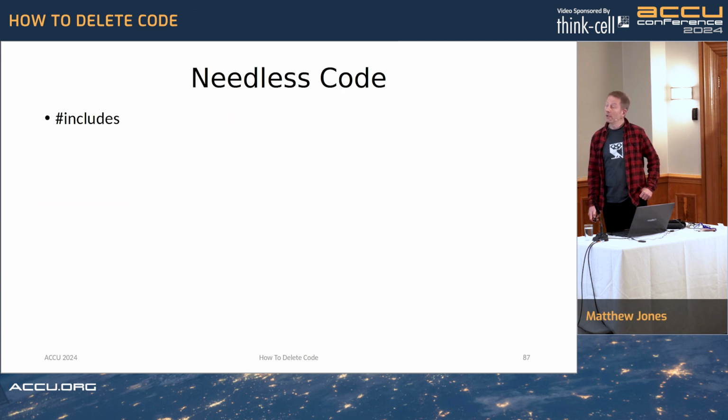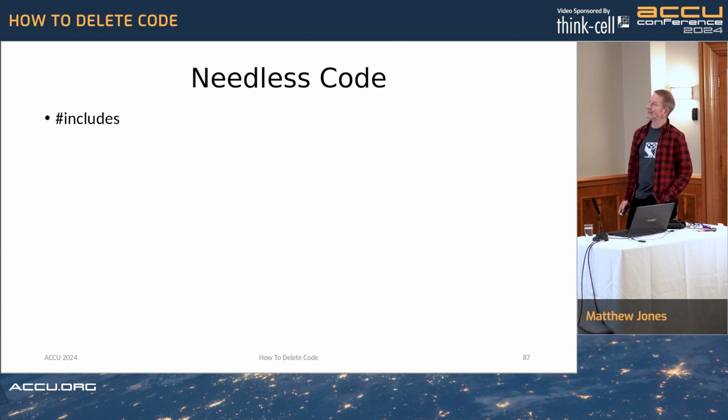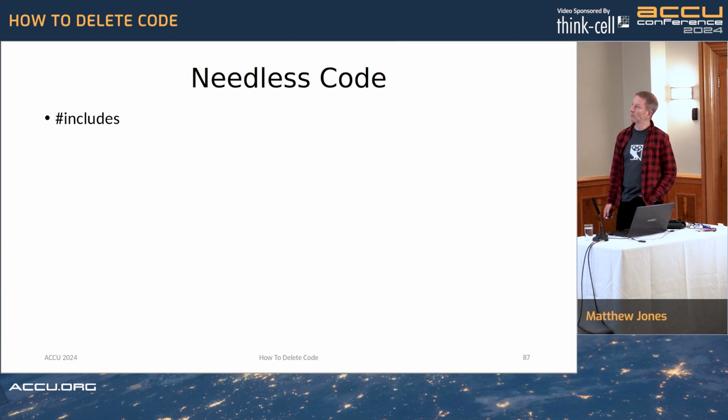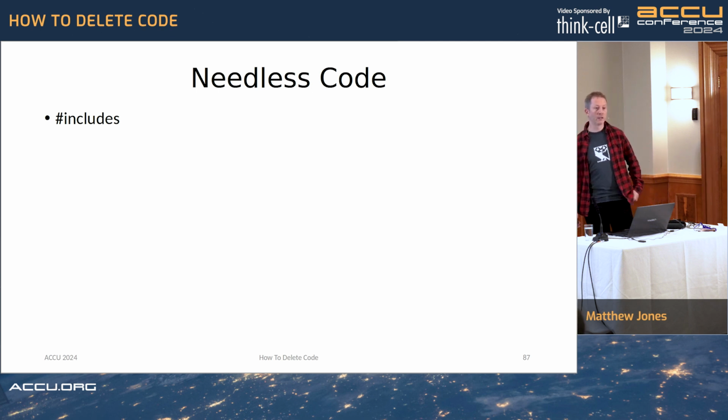So another category of code that can be deleted is needless code. Hash includes being one of the worst culprits. I hope you've all seen a large file with 20 or 30 includes at the top.